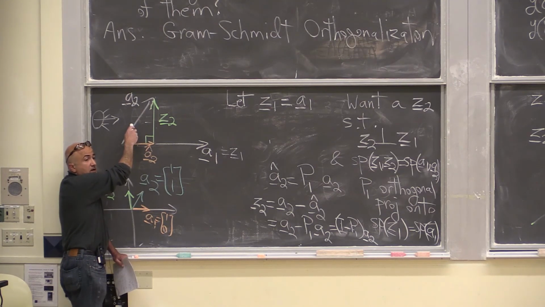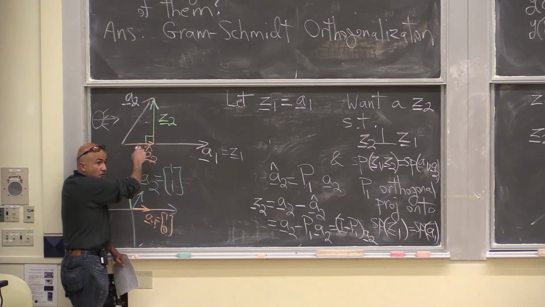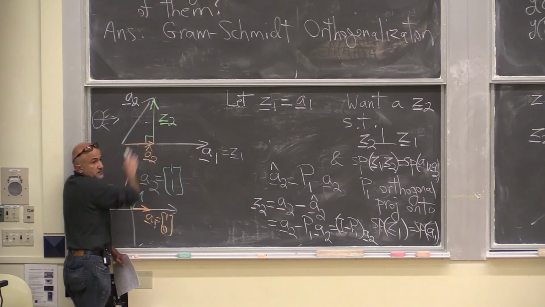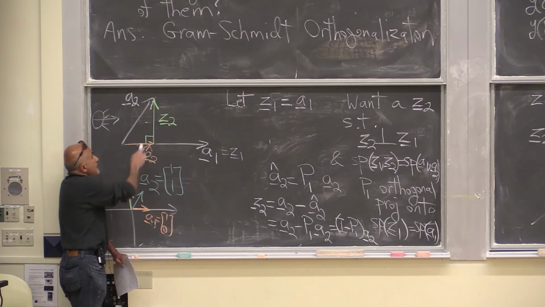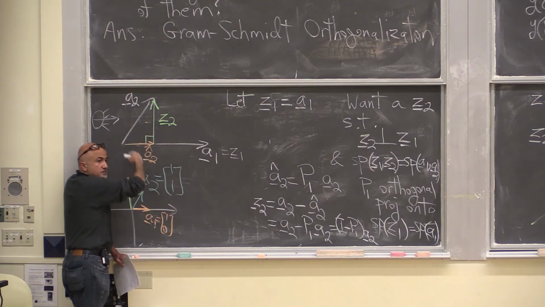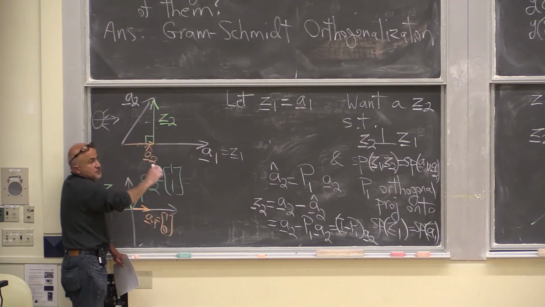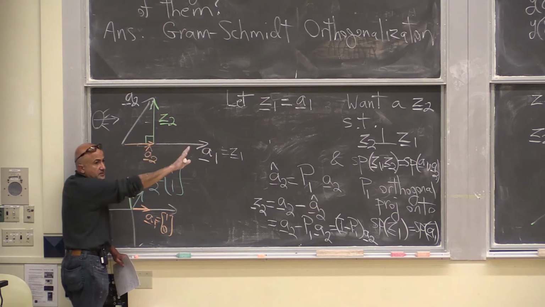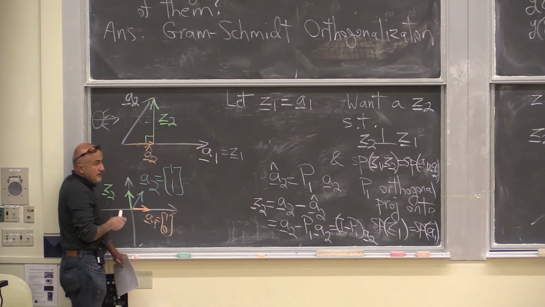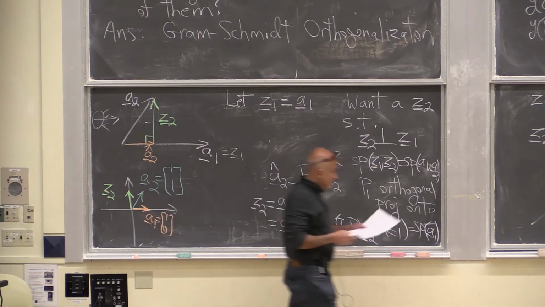I'm trying to find a compact way of going from these two non-orthogonal but linearly independent vectors to a pair of orthogonal vectors. And that picture is coming from my projection story. So all this stuff about linear regression is one application of what I'm about to say here.